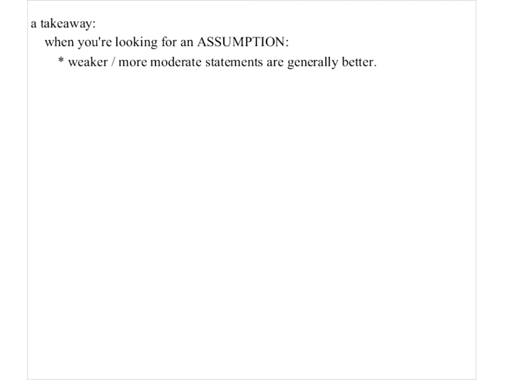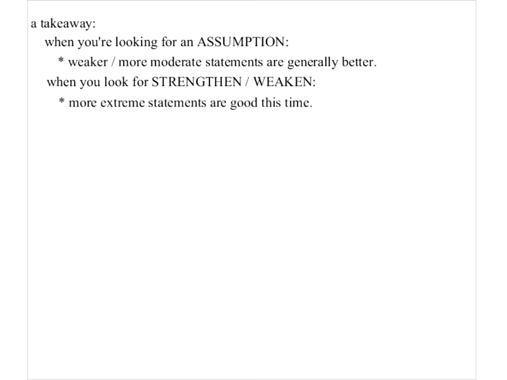On the other hand, when you're looking for a strengthen or weaken question, more extreme statements are more likely, or at least more extreme statements are good this time. So it's polar opposites here.